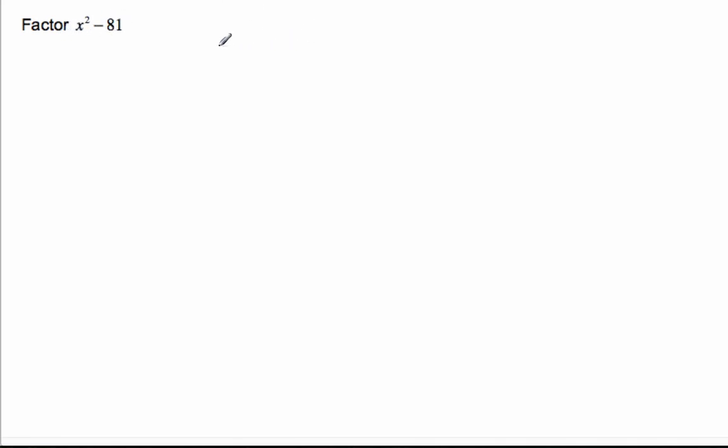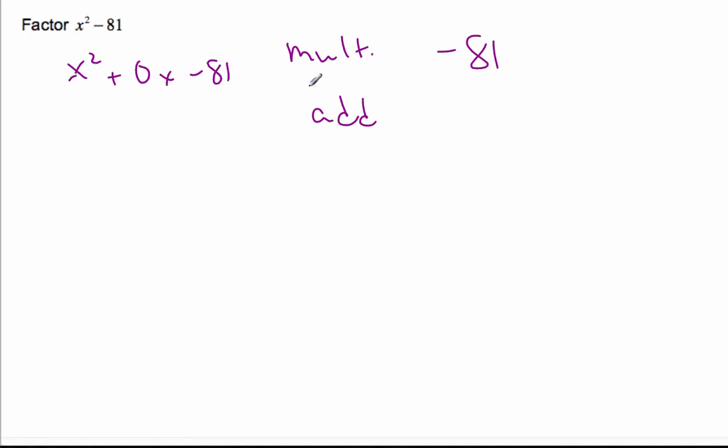Okay, we're going to ask ourselves what two numbers multiply to get a negative 81, and they add, well, there's no x term. It's like x squared plus 0x minus 81. It adds to get 0.